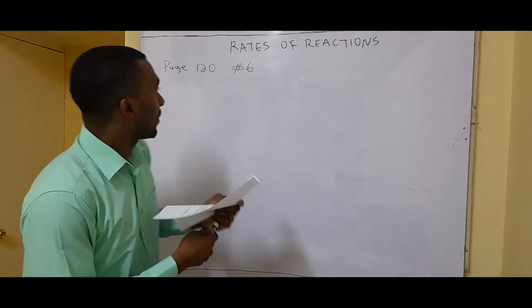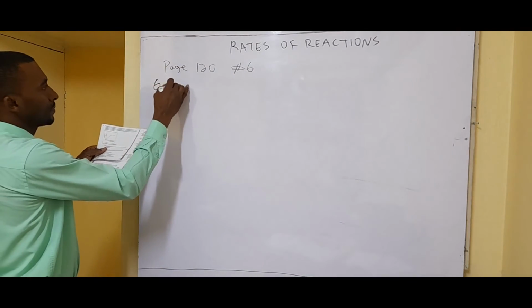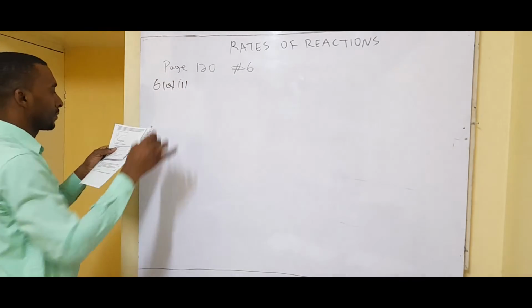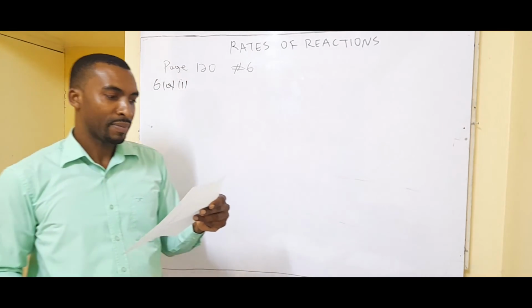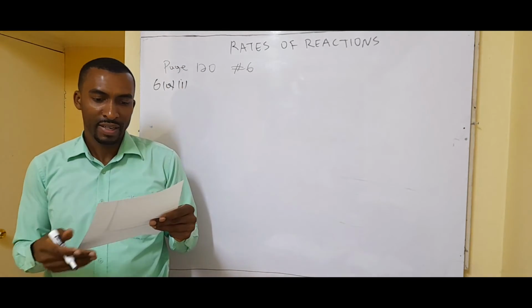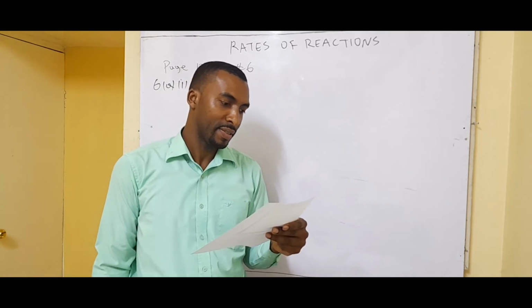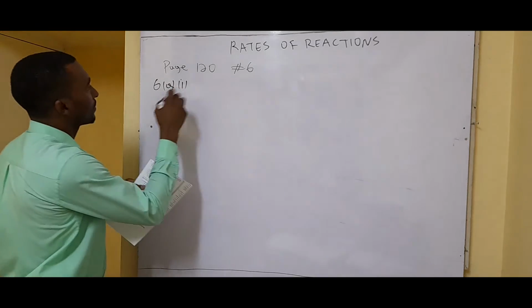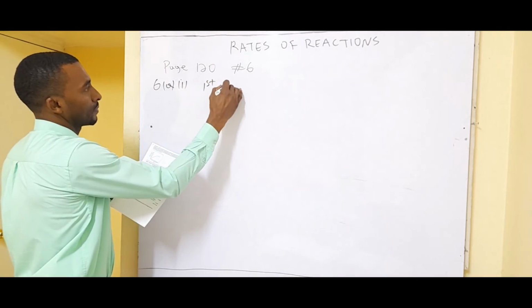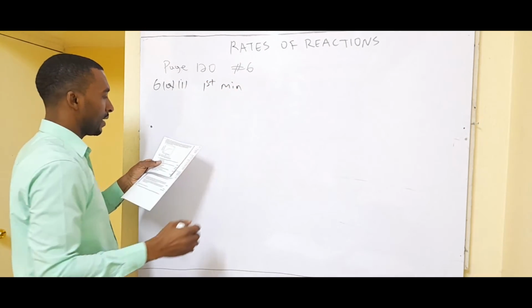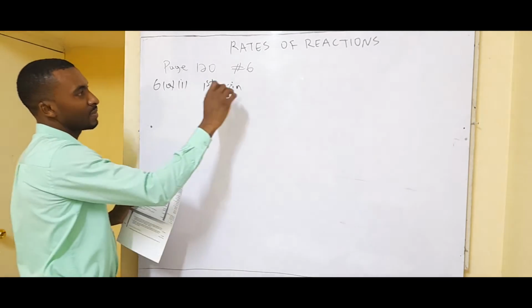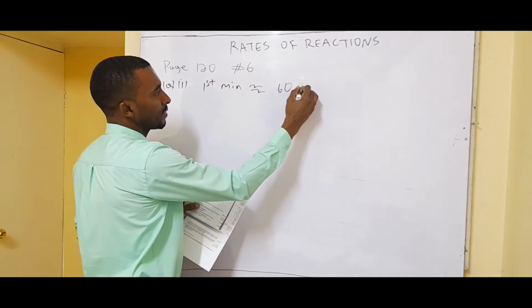And so 6A1: using the data from the graph, determine the rate of the reaction in centimeters cube per second in the first minute and in the second minute. So the first minute is equivalent to what? 60 seconds, right?